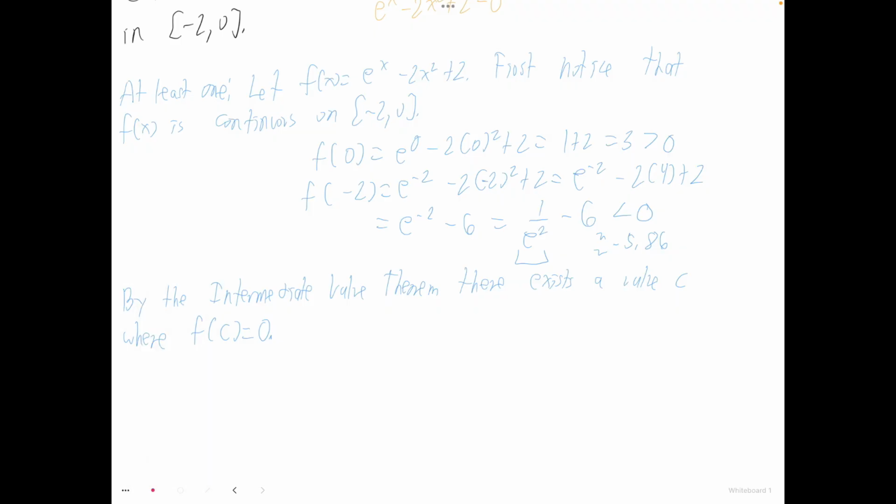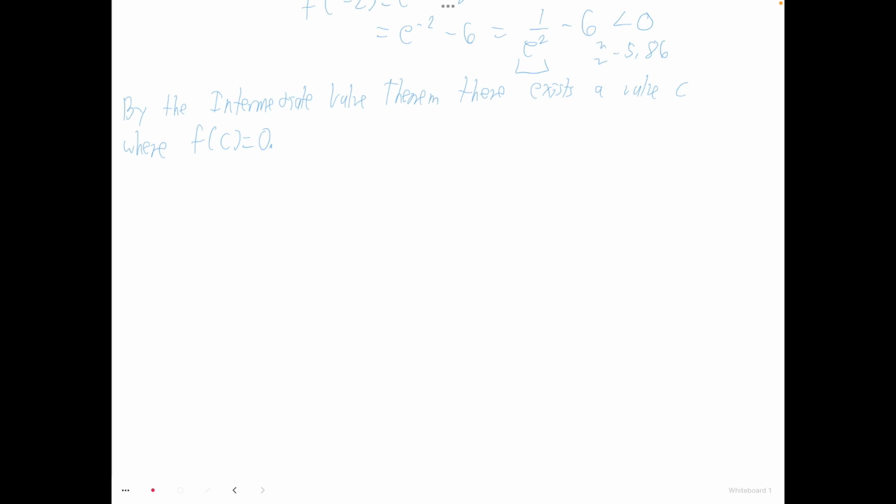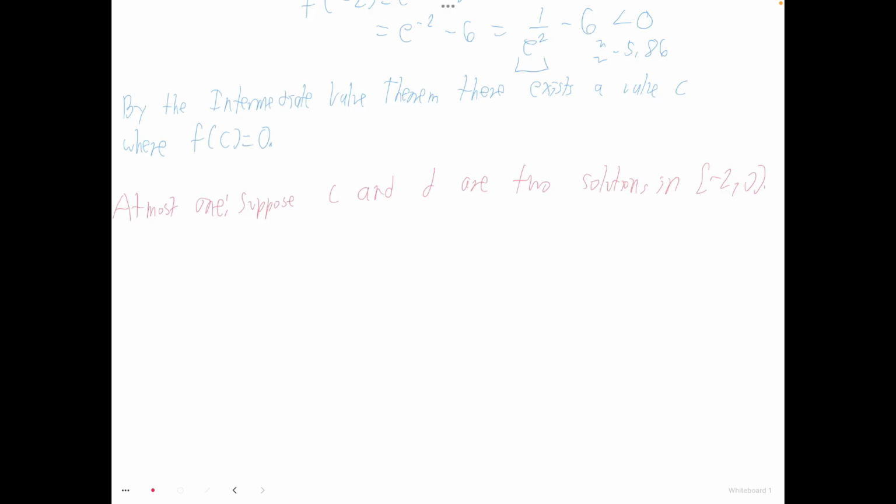So now we're going to show the at most step. And so that's where we're going to use Rolle's theorem. So, as before, we're going to suppose we have two solutions. So suppose C and D are two solutions in the interval negative 2 to 0.